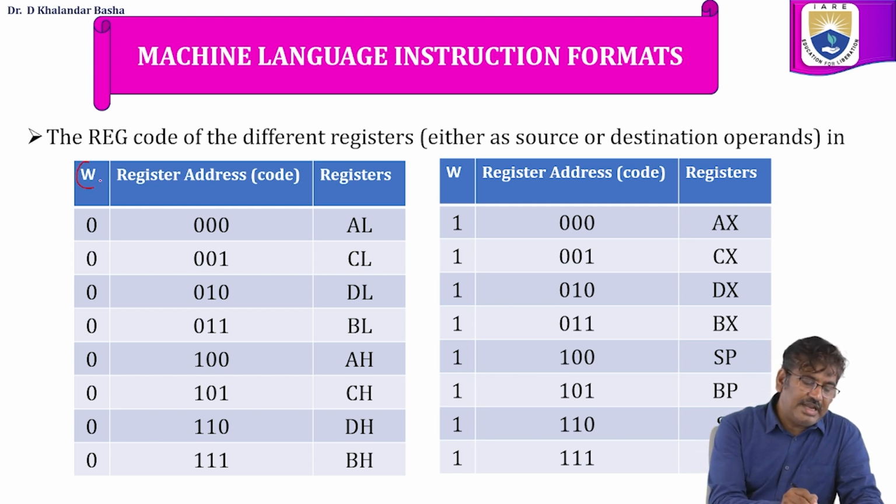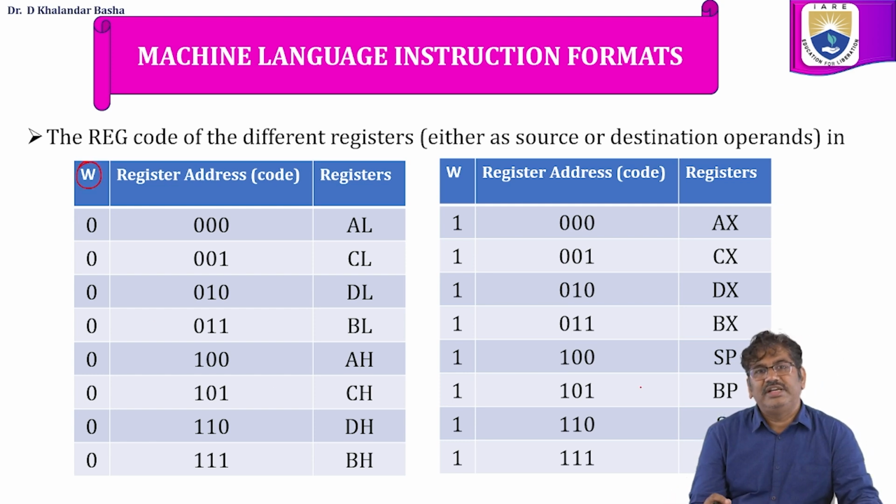First one is W. The W bit indicates the size of the register we are going to use. So in the 8086 processor, we can use the general purpose registers for 8-bit operation as well as 16-bit operation. The 8-bit registers are AL, AH, BL, BH, CL, CH, DL, DH.